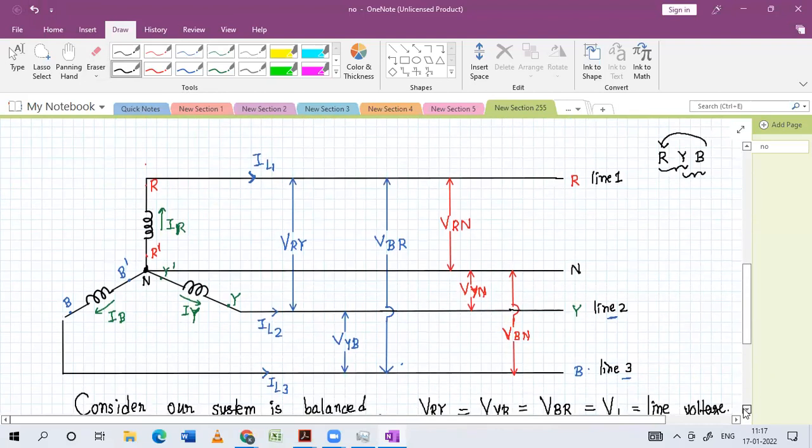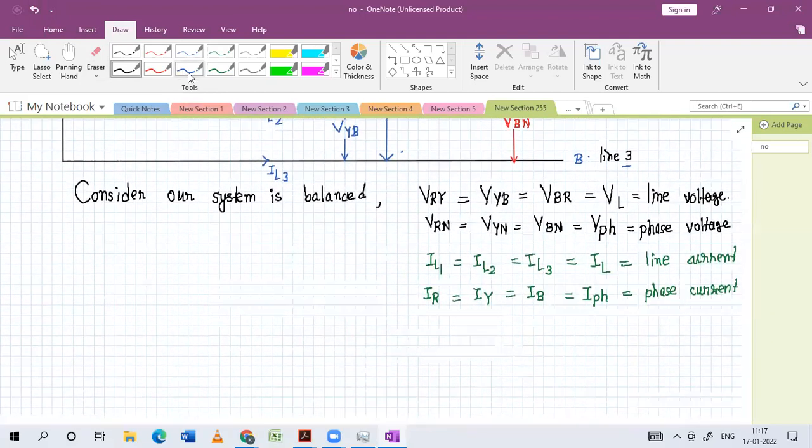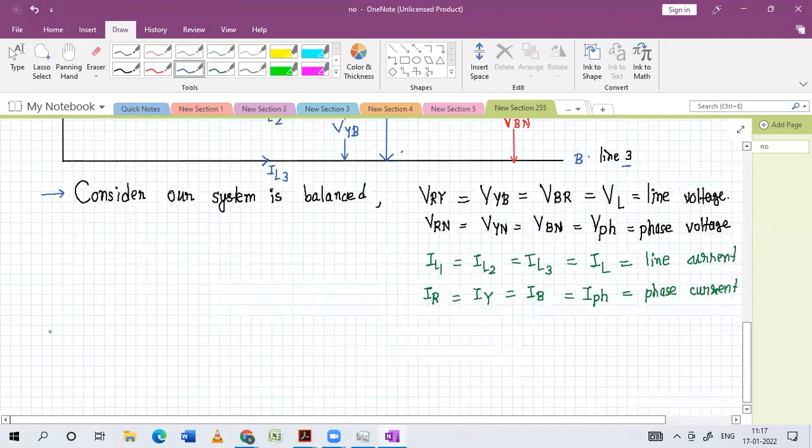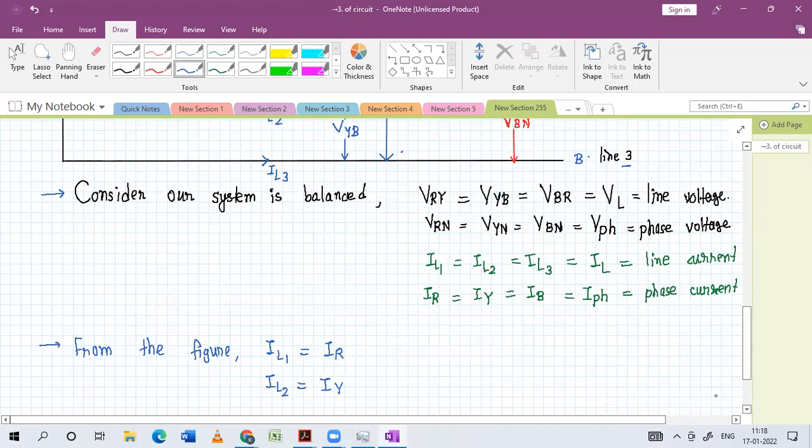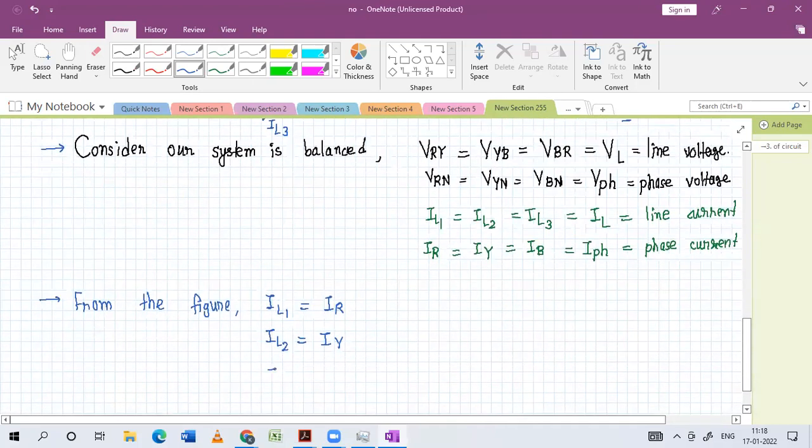So here you have to write down: from the figure, IL1 is equal to IR, IL2 is equal to IY, IL3 is equal to IB.